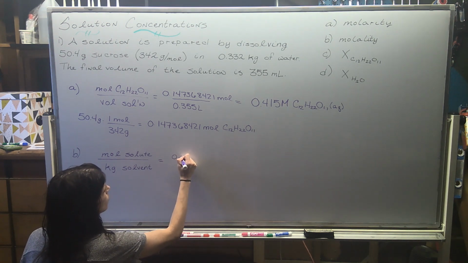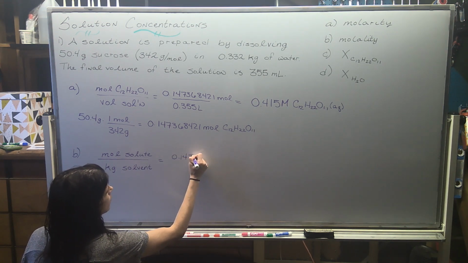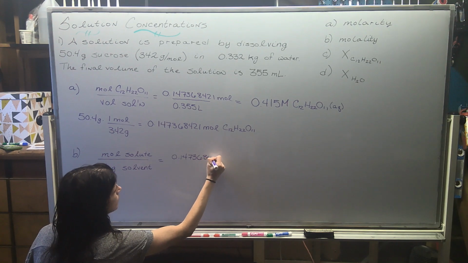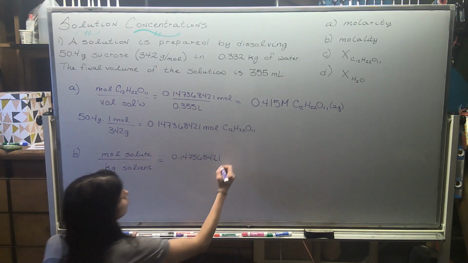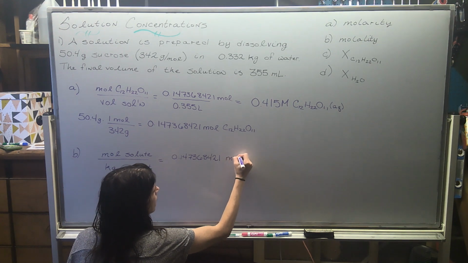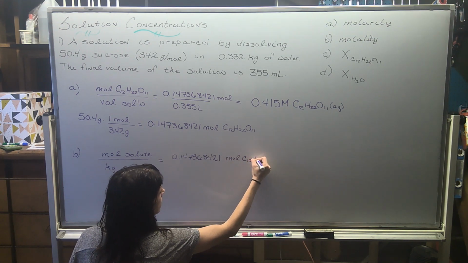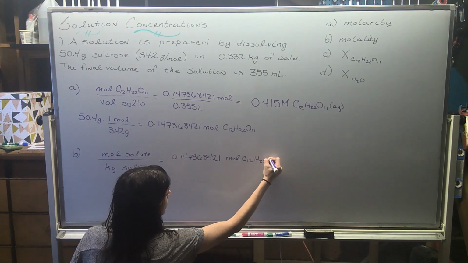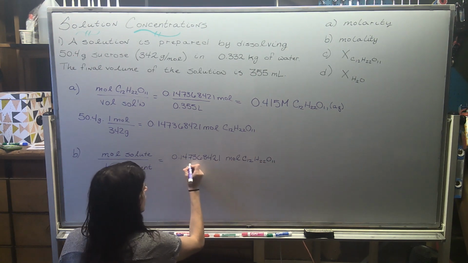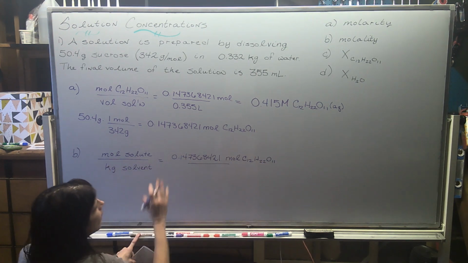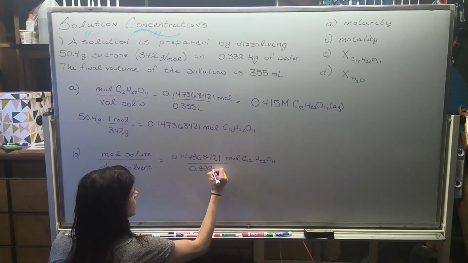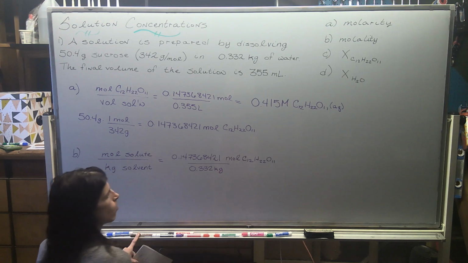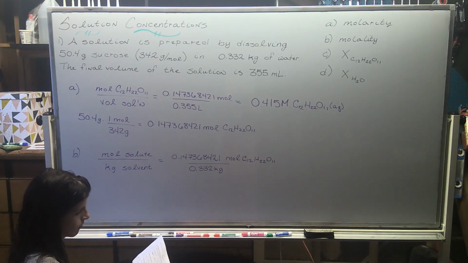So I'll start with the moles, which we calculated for the previous problem, 0.147368421. And then I'm going to divide by 0.332 kilograms of water, since my water is my solvent here.